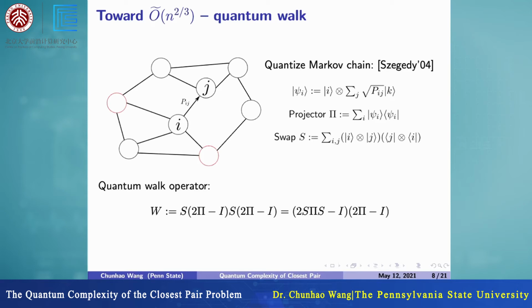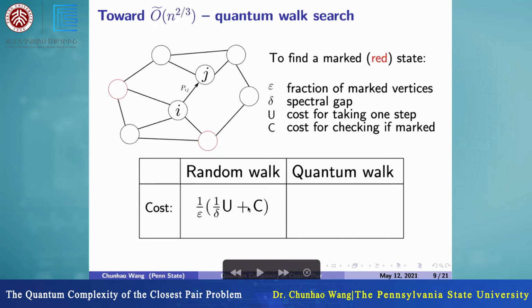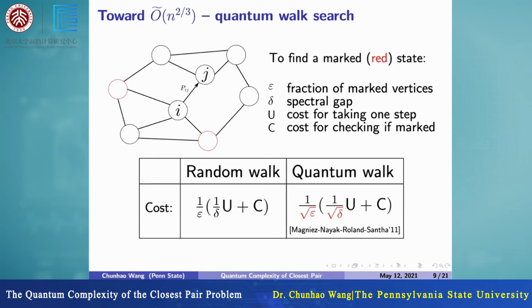This is the building block of the quantum walk search. Remember this is the classical cost. So what's the quantum cost? The quantum cost is to take the square root of epsilon and also the square root of delta. This quantum walk search framework was proposed by Magniez, Nayak, Roland, and Santha in 2011.